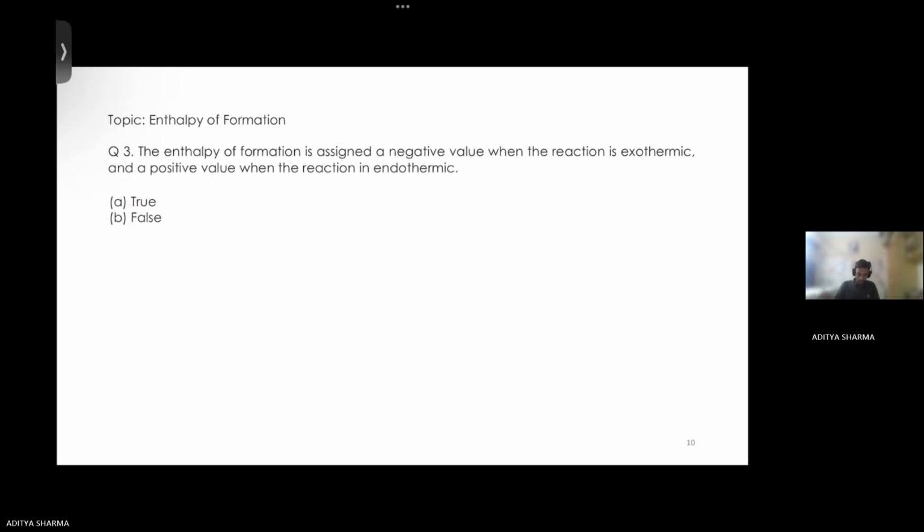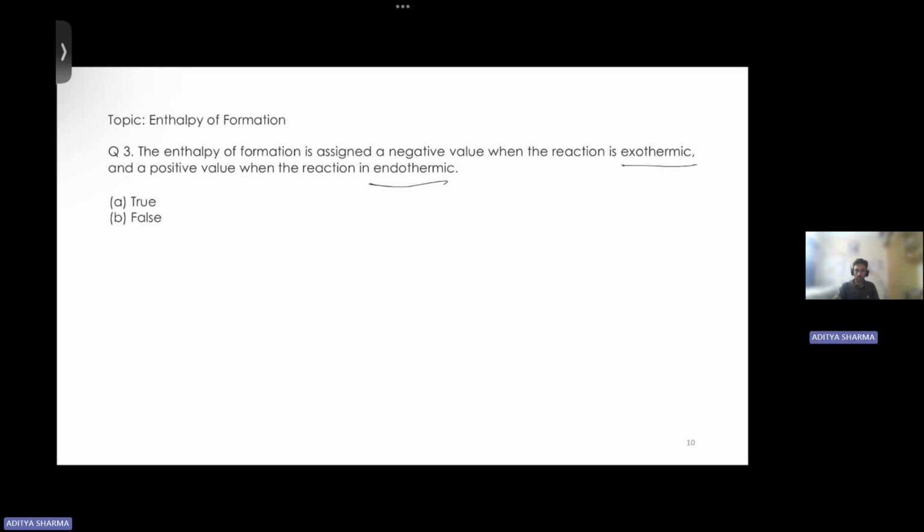Okay. So in exothermic reactions, there is release of heat, and in endothermic reactions, there is absorption of heat. Okay.